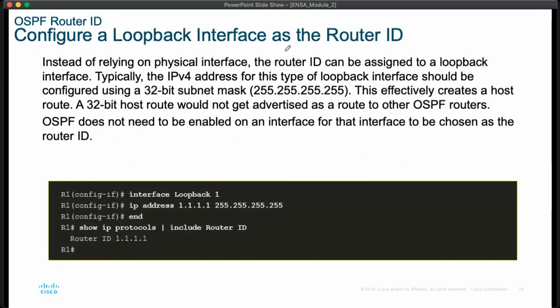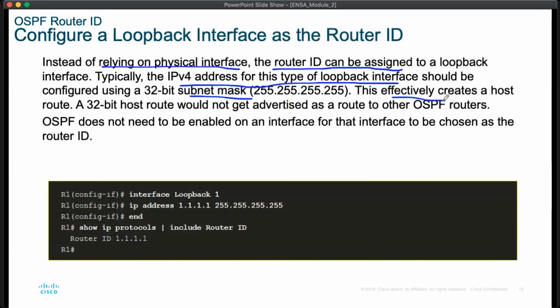Configure a loopback interface as the router ID. Instead of relying on a physical interface, the router ID can be assigned to a loopback interface. Typically, the IP address of this type of loopback interface should be configured using a 32-bit subnet mask, which is 255.255.255.255.